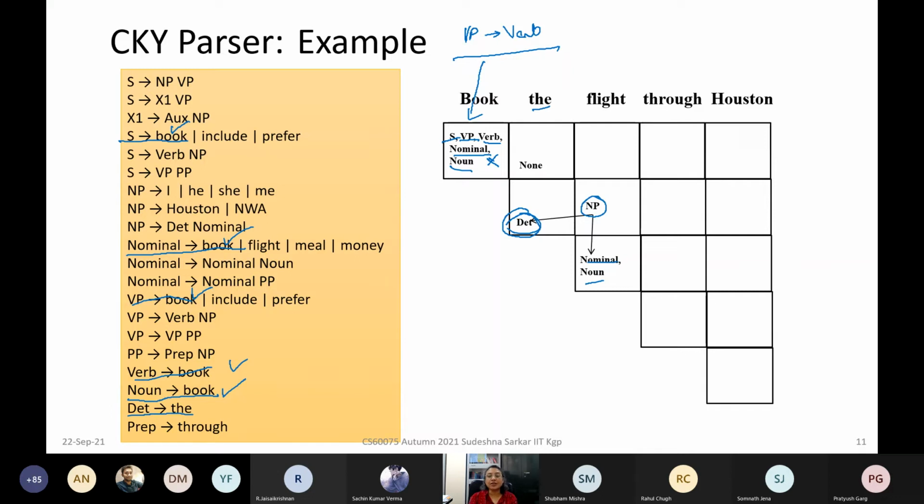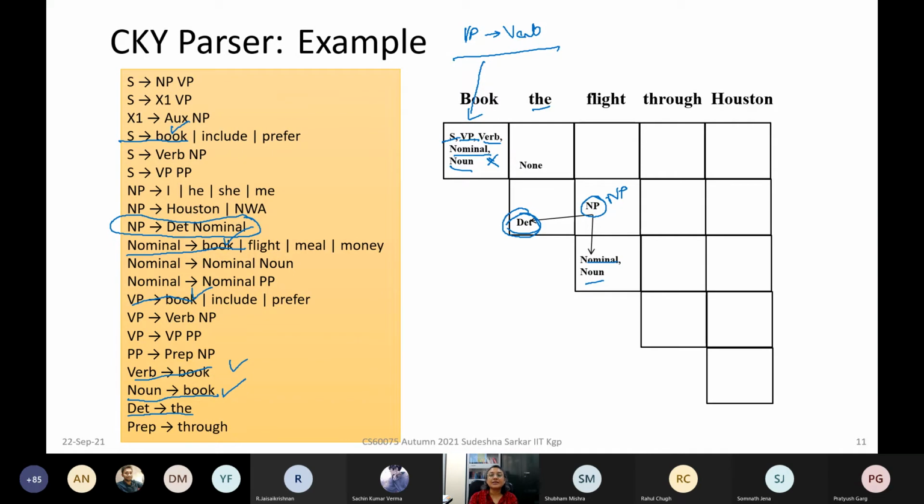So we now look for production rules whose right-hand side is either determiner nominal or determiner noun. Can we find such a rule? There is this rule which says NP goes to determiner nominal. Therefore, here we put NP.